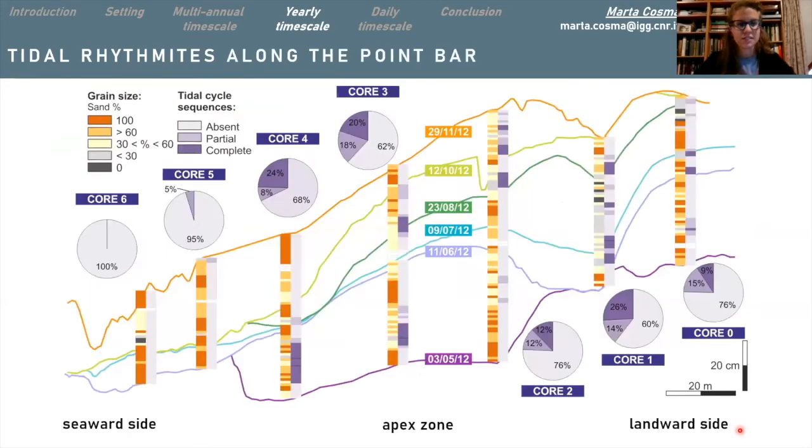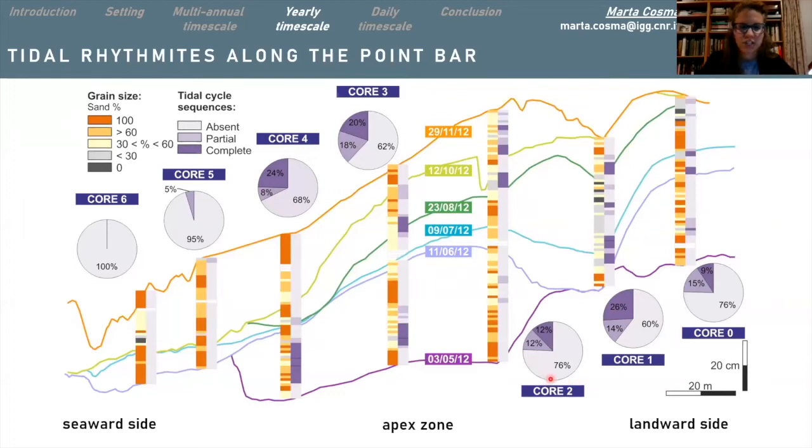And this shows the tidal rhythmites along the point bar. First of all, it emerges that tidal rhythmites are not so common. 60% of the thickness, and higher percentages, do not show rhythmicity at all.